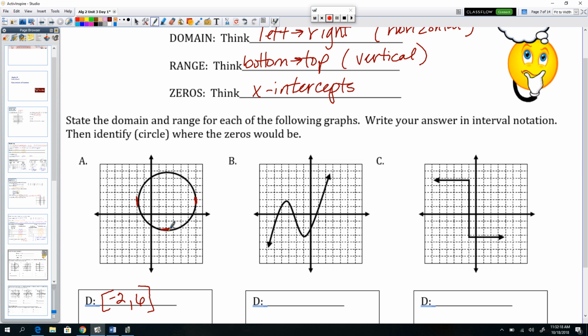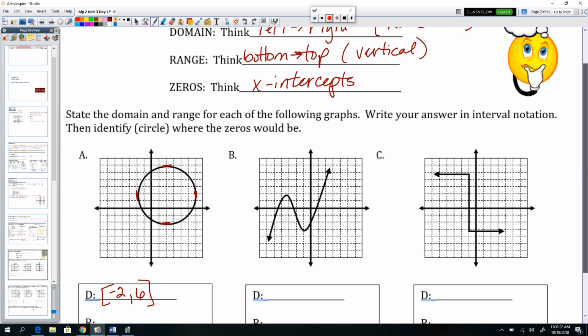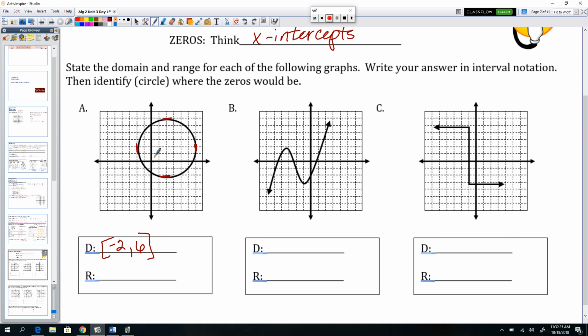Range, and again I apologize, let's just pretend like this stopped here and stopped here. The range of this, again, smallest to biggest, is from -2 up to 6 and everything in between. The y values that live on this circle are everything from -2 to 6, everything in between that I couldn't possibly list.